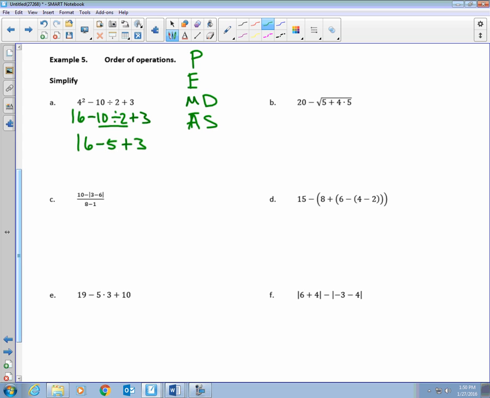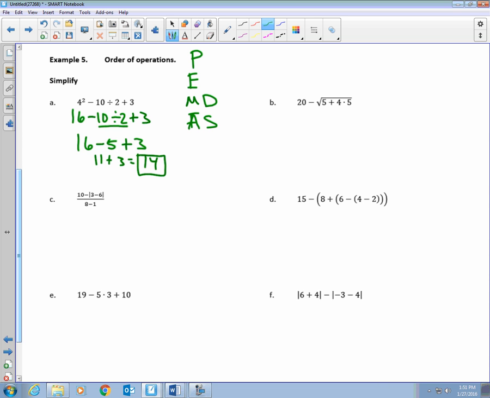Do I add first or do I subtract first? Subtract, because they're on the same level, just whichever comes first, left to right. How many times did somebody tell you that addition is before subtraction? I know that we've had a number of times where we've had people who have mistaught that at earlier ages, okay? But the order of operation is 16 minus 5 is 11, plus 3 is 14.